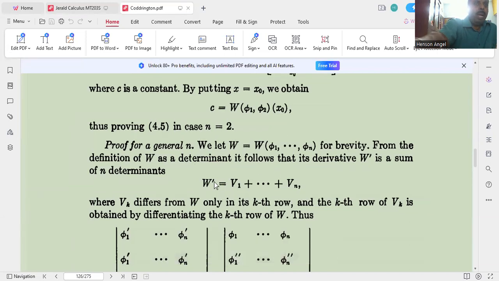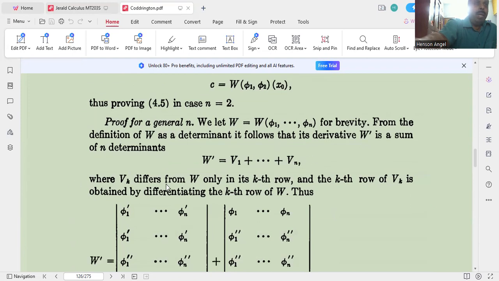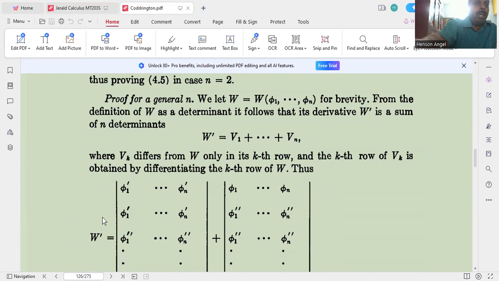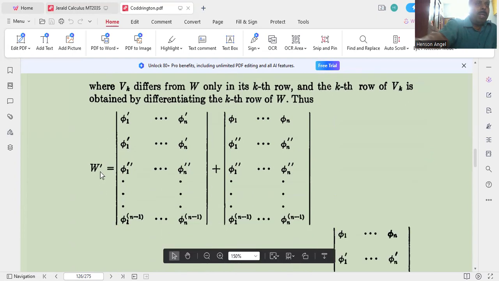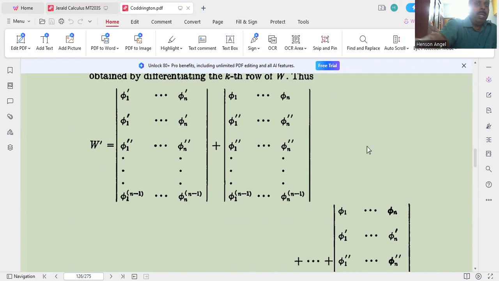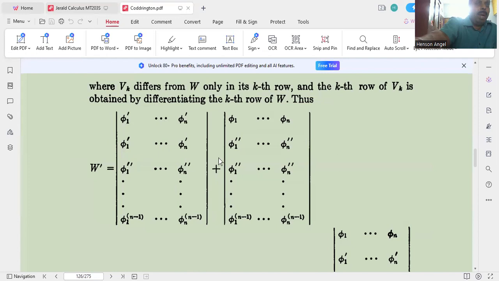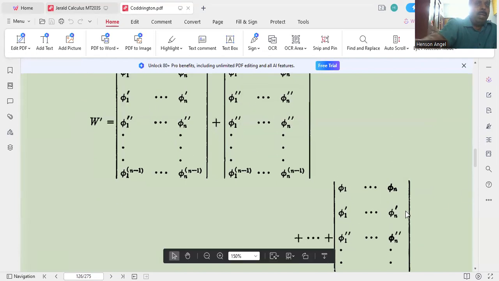It is W' = V1 + V2 + V3 + ... + Vn, where Vk differs from W only in its kth row, and the kth row of Vk is obtained by differentiating the kth row of W. Thus W' is the sum of n determinants, in which all the determinant values are 0 except the last determinant.